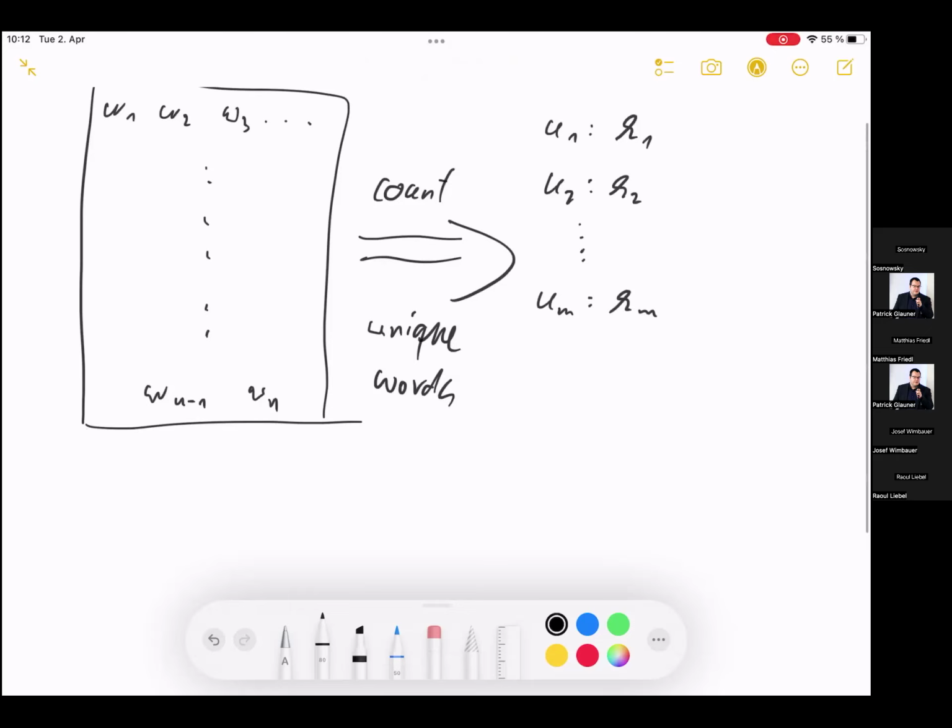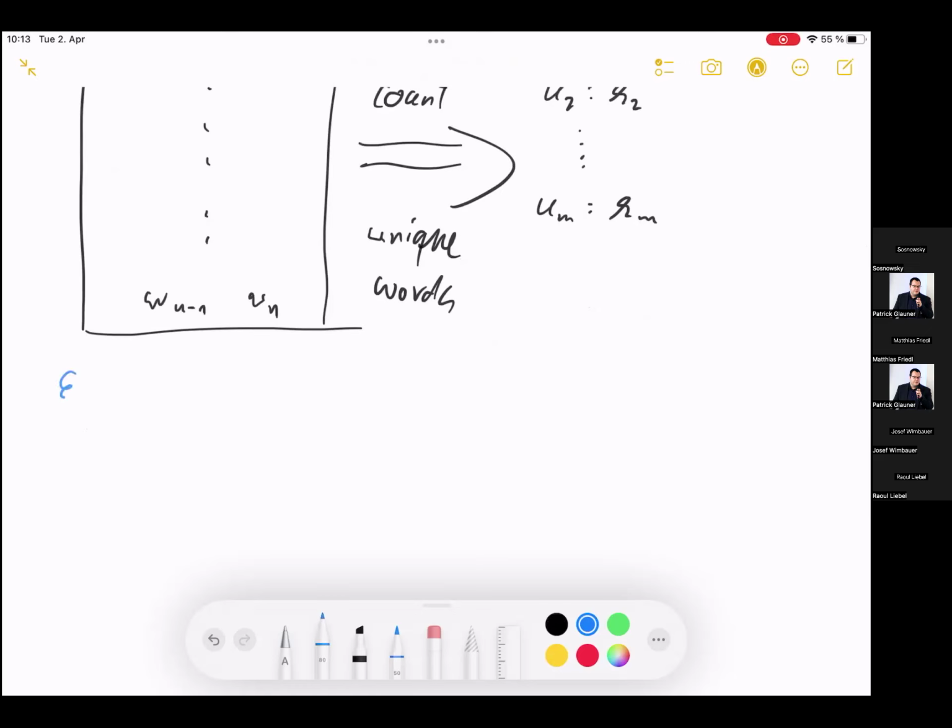And we can also look at an example, just to highlight this more clearly.